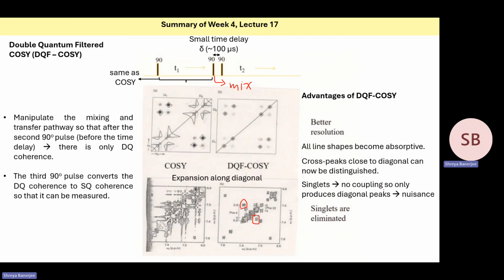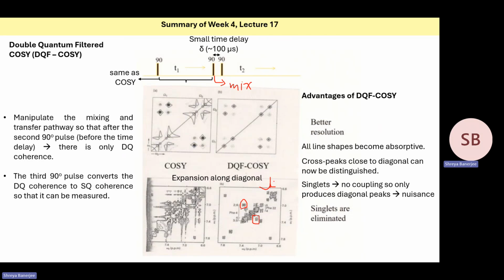And secondly, singlets are eliminated. So what is a singlet? A singlet is basically a proton that does not couple with any other. Suppose you have one proton here, which is not coupling with any other proton. This proton will only give rise to a diagonal peak, and that is very useless.